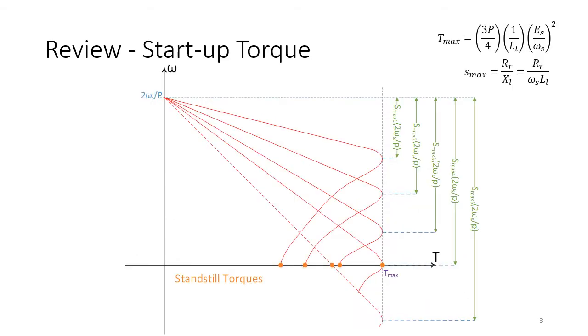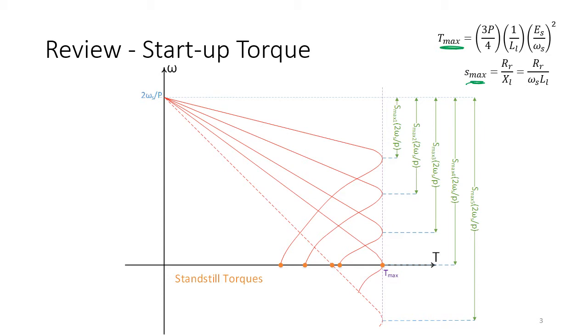And for that, we said, okay, let's use the rotor resistance. We said the maximum torque, Tmax, shown here, is not a function of RR, the rotor resistance, as we know. But S max, meaning the slip at which this maximum torque happens, is linearly related to RR. So we said, okay, let's use this to solve the problem.